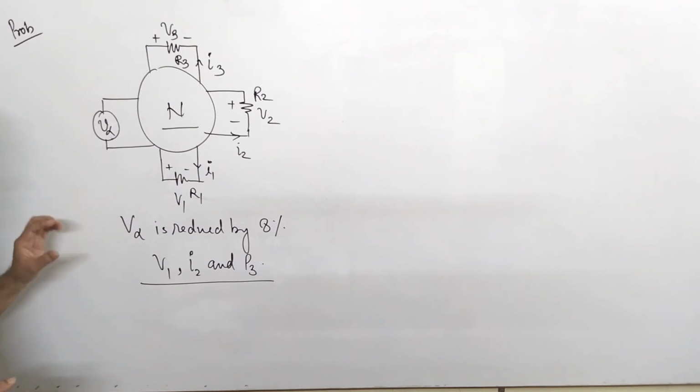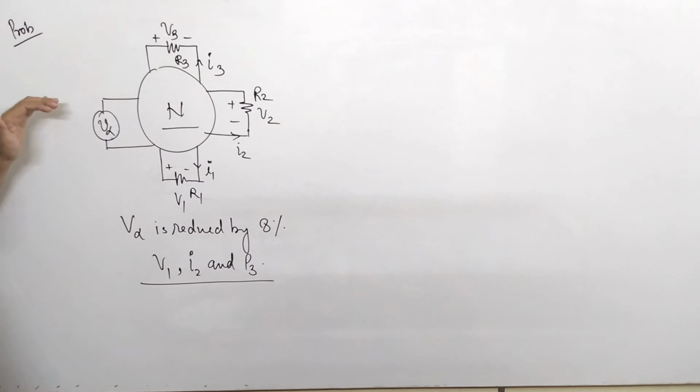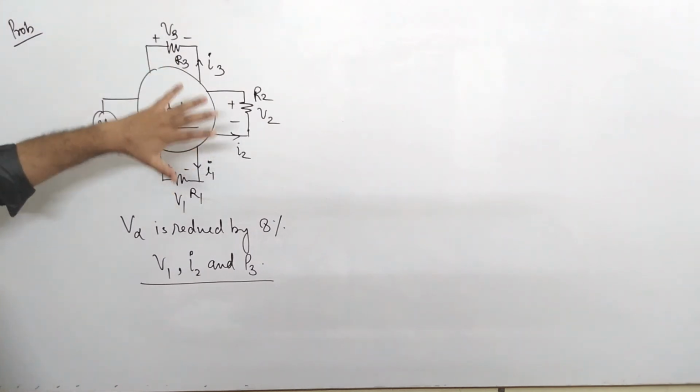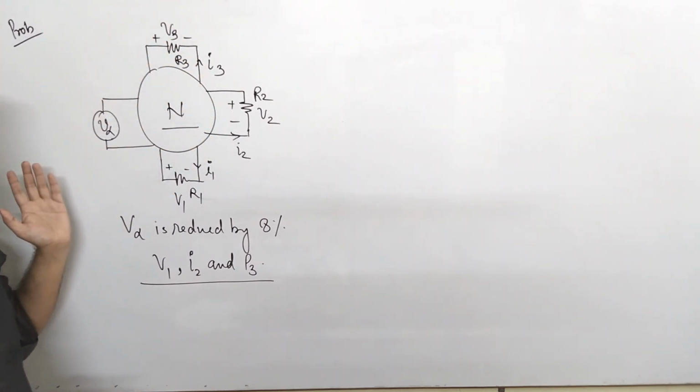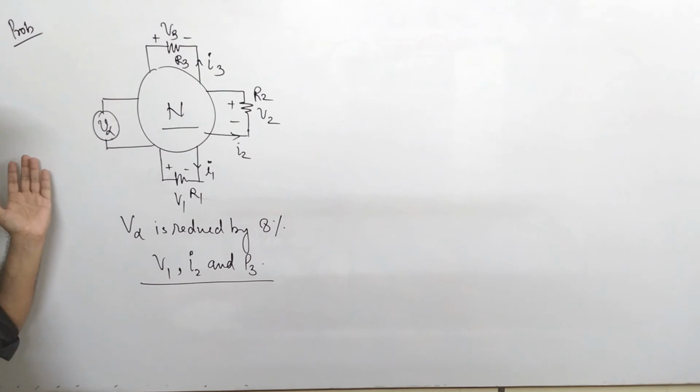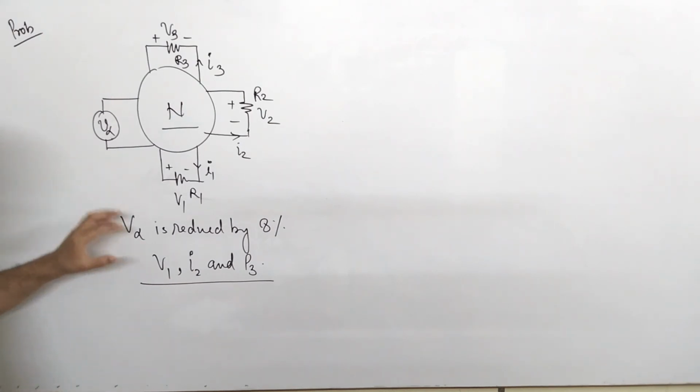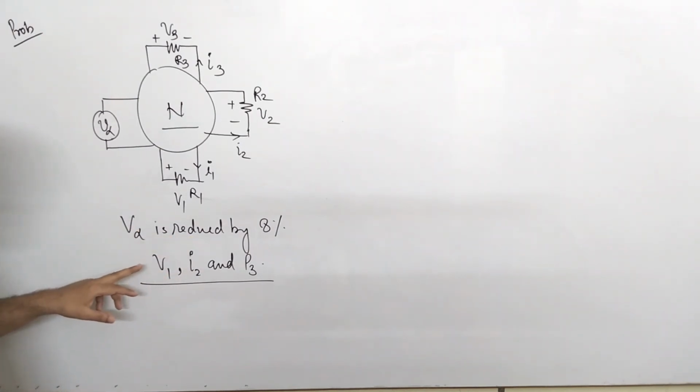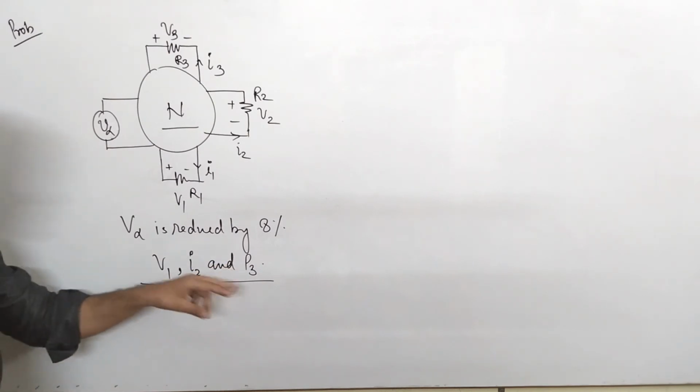Please keep in mind, whenever in such a network voltage or current is reduced by some factor, then the corresponding voltage and current will be reduced in the entire network, as we have already seen in our previous problem. So in this question, if V alpha is reduced by 8%, what will be the effect on V1, I2 and P3?